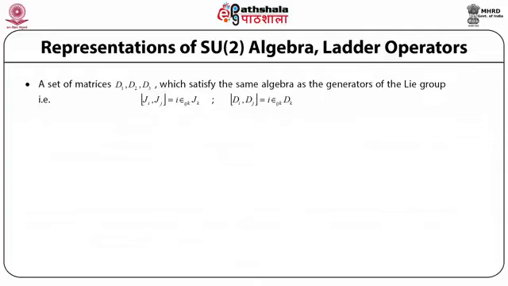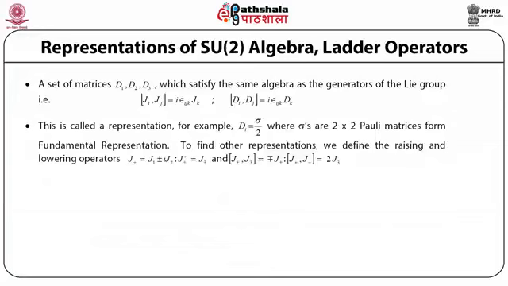Then the representation D1, D2, D3 satisfies the same commutation relations, meaning the commutator [Di, Dj] = i ε_ijk Dk. Now, if this is satisfied, then the D's are called a representation.